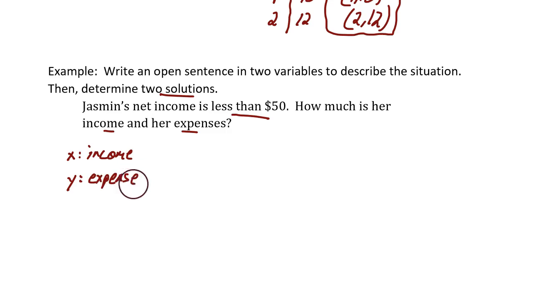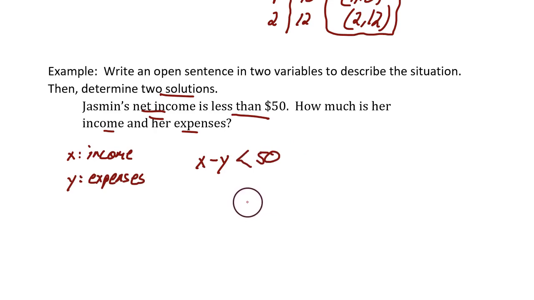How much money does she have coming in, and how much money is she paying out? We're told that her net income is less than 50. Net income is the disposable income you have left over after you subtract your expenses from your income. So X subtract Y is less than $50.